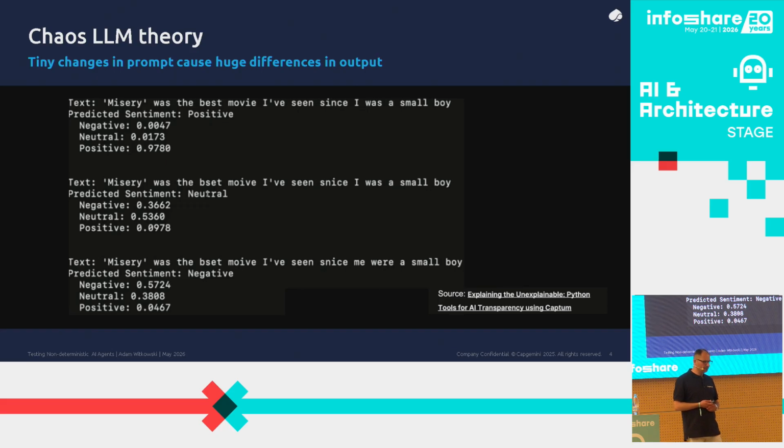So it varies from positive 97% to negative 57% just by typos. Of course, the more modern LLMs are less vulnerable to this problem, but the problem still exists. Those are typos, and you can imagine what happens if agents have 90% of prompts liquid. My target is not to convince you it's a moving target, because it is. It's a moving target that moves at the speed of light.